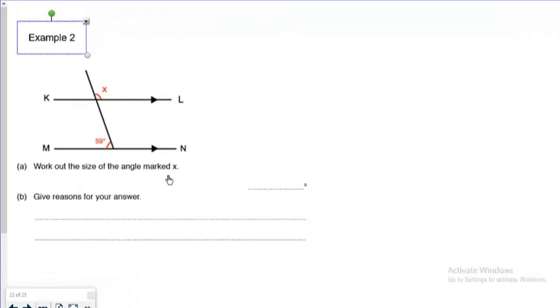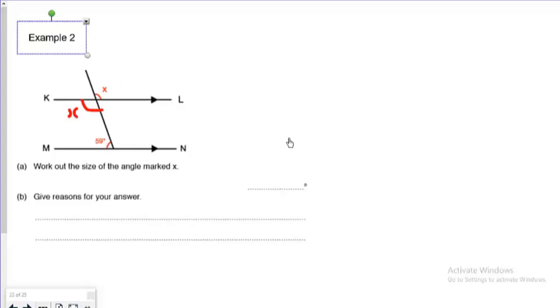Work out the size of the angle marked x. Good. Now this is a C shape. So I need this angle and this angle to be equal to 180. The sum should be equal to 180. So I need to borrow the idea of vertically opposite angles.